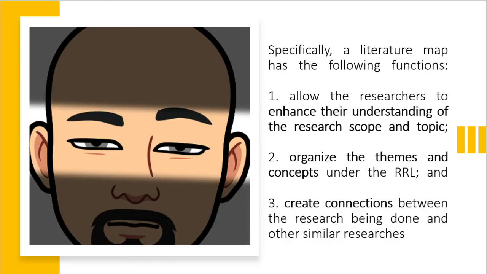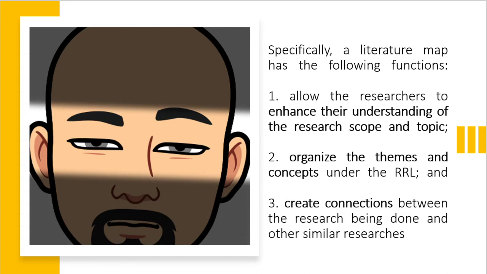So let's dig deeper. Okay, so why do we do it? Why do we need to create a literature map? Well, for starters, a literature map allows the researchers to enhance their understanding of the research scope and topic. Okay?